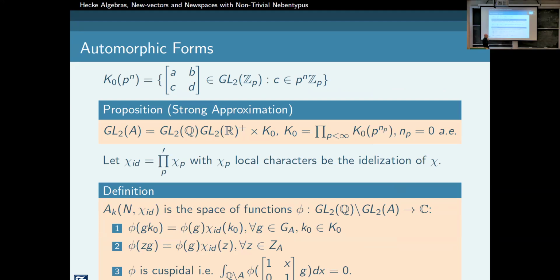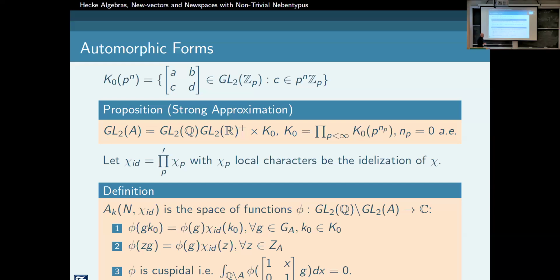So I recall the strong approximation theorem here, which basically says that every matrix inside the Adeles can be written as a rational matrix times a matrix with real coefficients times this subgroup K naught, which is the restricted product of these subgroups K naught p to the n that we have here. So it's unramified at all places. You can think of it as ramified at all places except the primes that divide n. The n I have fixed from before.